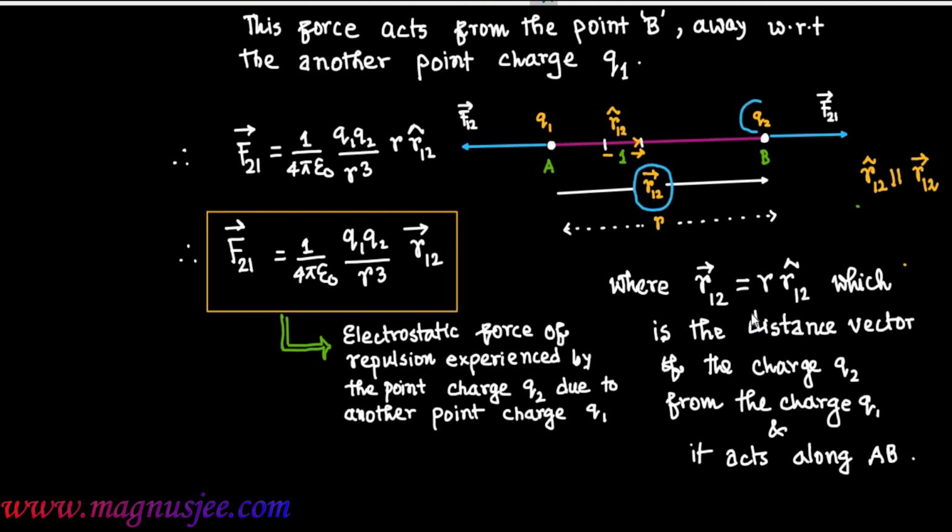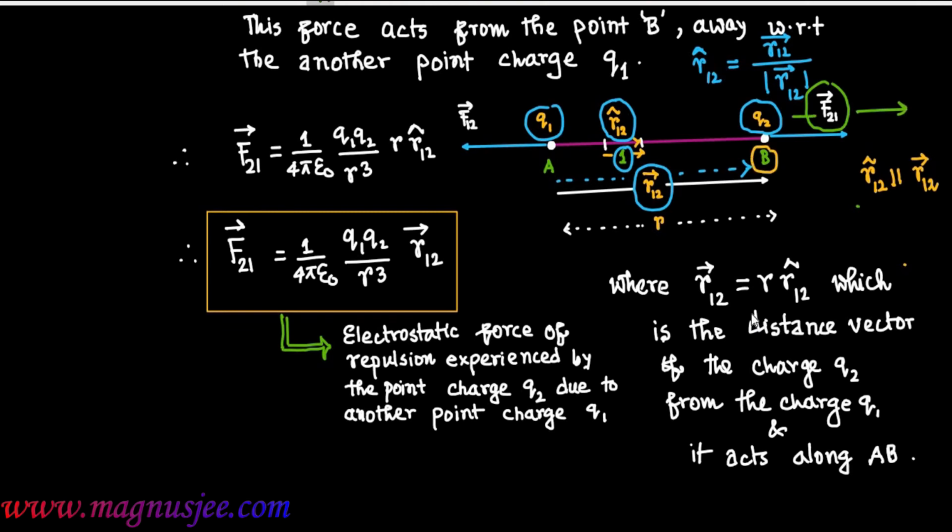Vector r12 is the distance vector of the charge q2 from the other charge q1, and it acts along AB. r12 cap is the unit distance vector having magnitude 1. Therefore, r12 cap equals vector r12 divided by the magnitude of vector r12. And vector F21 acts away from the point B with respect to the other charge q1. Therefore, vector F21 is parallel to vector r12.